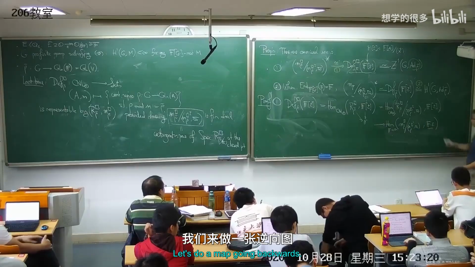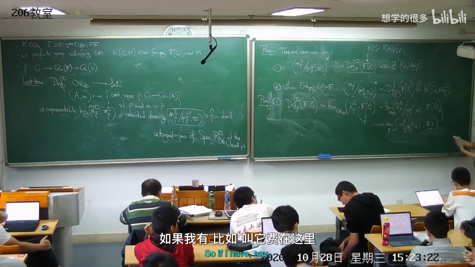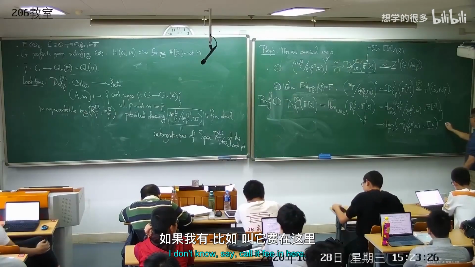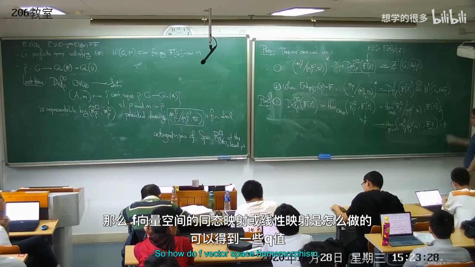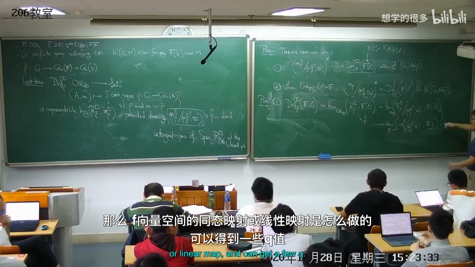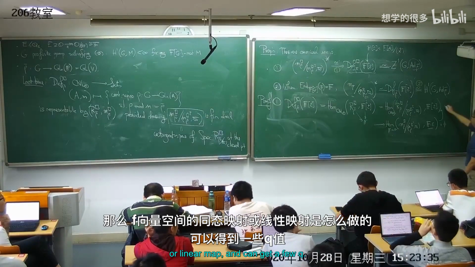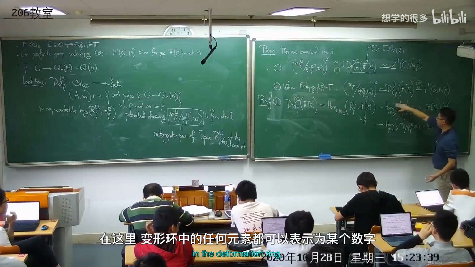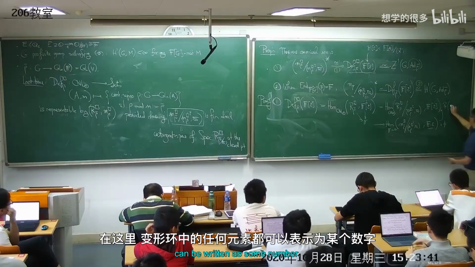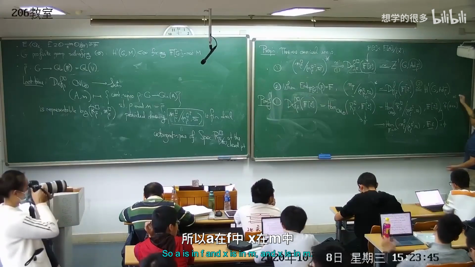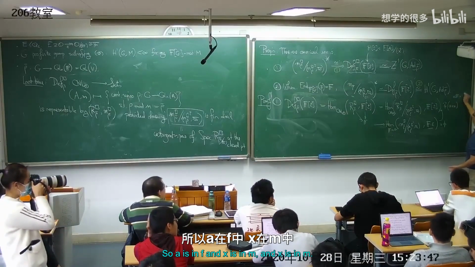Let's do a map going backwards. Say I have phi in here, an F vector space homomorphism, or linear map, and I can get a phi tilde here. Anything in the deformation ring can be written as a plus x, where a is in F and x is in M, right?